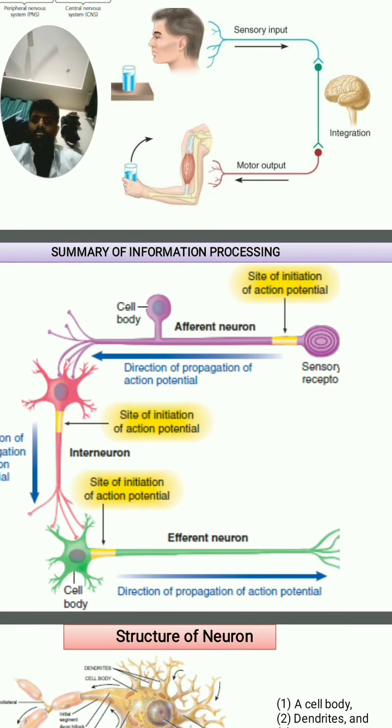Now come to the structure of a neuron. A neuron consists of a cell body, dendrites and an axon. The cell body has branched structures called dendrites, and these dendrites receive information from other neurons.